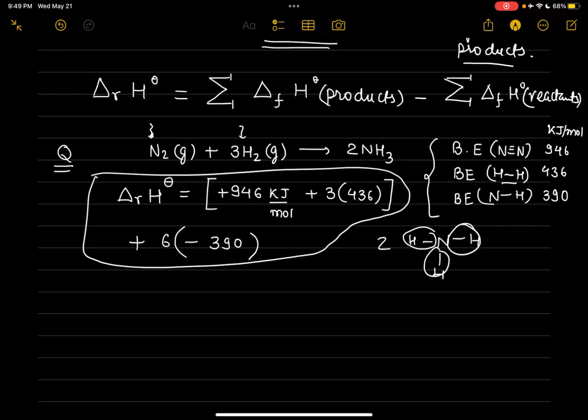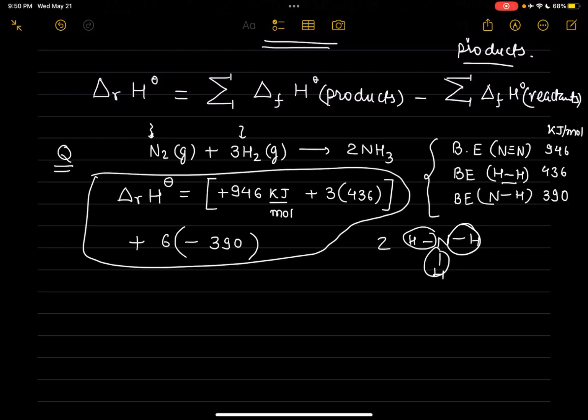Whatever bonds are there in the reactant that are being broken, I will count them one by one. The energies will be given, and I will take them as positive. On the product side, the bonds are generated and the heat is liberated.